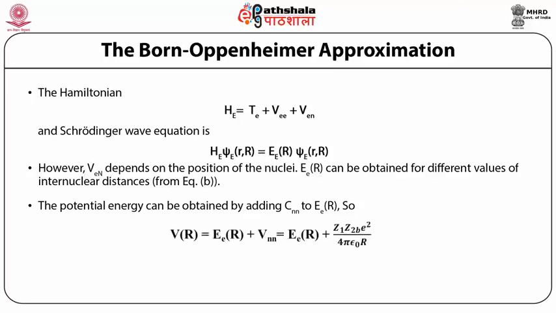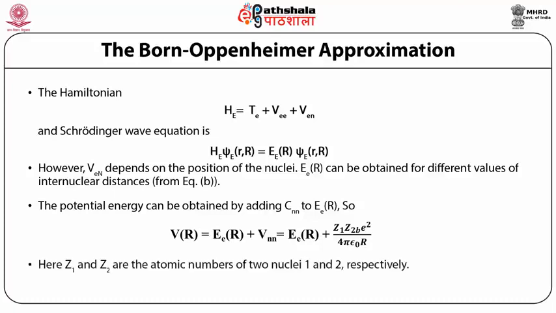So, V(R) is equal to Ee(R) plus Vnn is equal to Ee(R) plus Z1 Z2 e square upon 4 pi epsilon naught R. Here Z1 and Z2 are the atomic numbers of two nuclei 1 and 2 respectively.